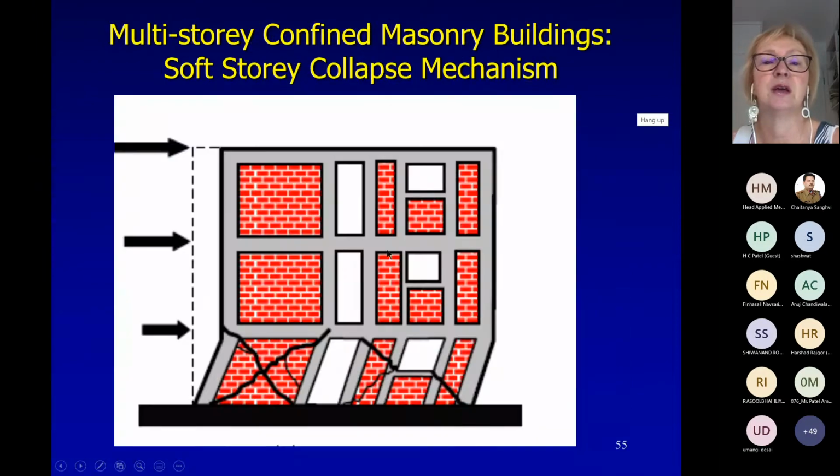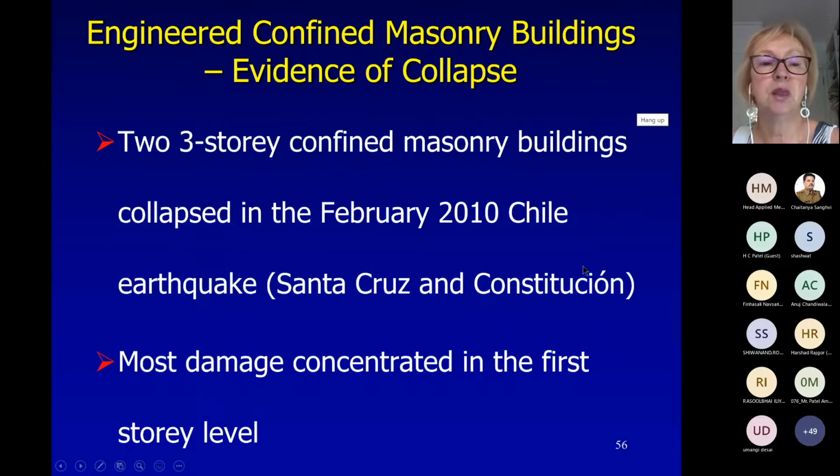That is interesting. Confined masonry buildings, as we just discussed in the previous presentation, have a collapse or damage mechanism that is always at the ground floor. And I'm now showing you 2 collapsed confined masonry buildings in the earthquake. I mentioned that there were only 2 buildings that collapsed in the earthquake.